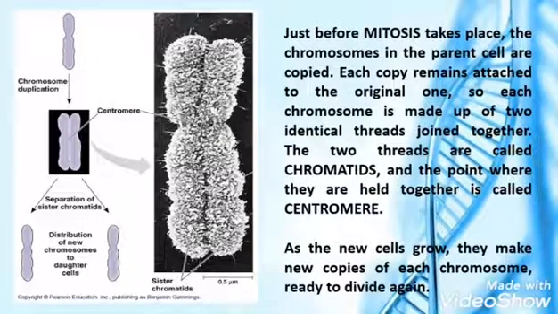The two threads joined together are called chromatids, and the point where they are held together is called the centromere. Two new cells are formed after mitosis, each with one copy of each of the four chromosomes. As the new cells grow, they make new copies of each chromosome, ready to divide again.